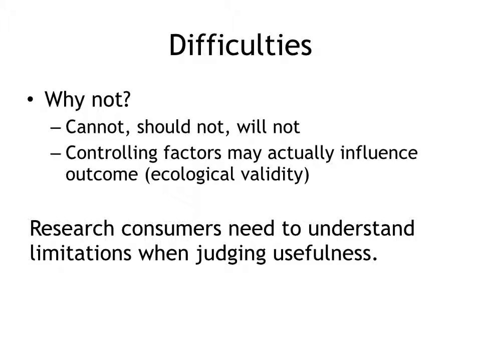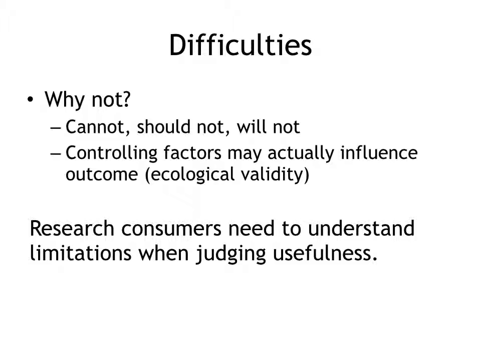You can control an experiment so tightly that it loses its ecological validity. In other words, you're not likely to have the same results in real life because you've controlled for so many things. And so that's always a fine line to walk. How much do you control for, and how much do you let go so that it's more like a real classroom or a real situation that you want to do.